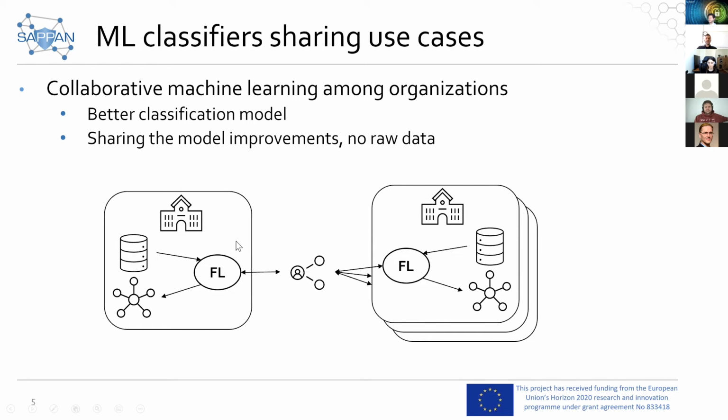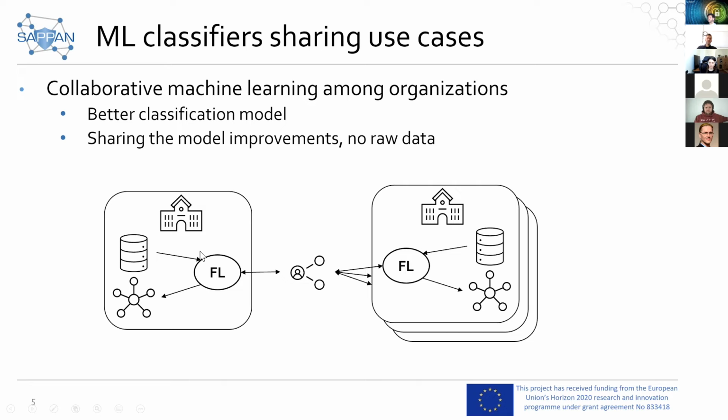So they would ideally like to collaborate in training the classifier, but they fear sharing the raw data. Therefore, we investigated various approaches, and in this particular example, we use a federated learning approach, where only the improvements to the model in a single epoch of training are shared with the others.